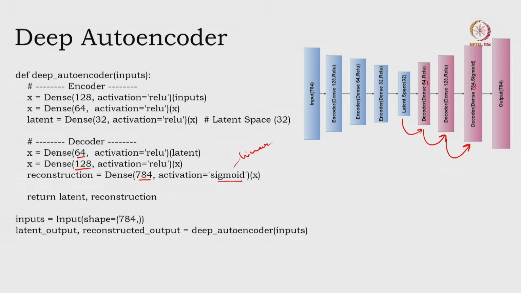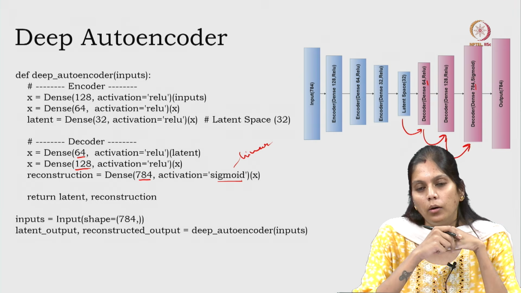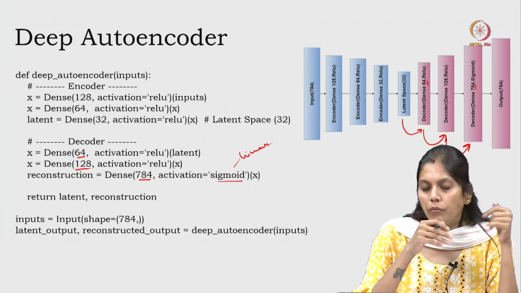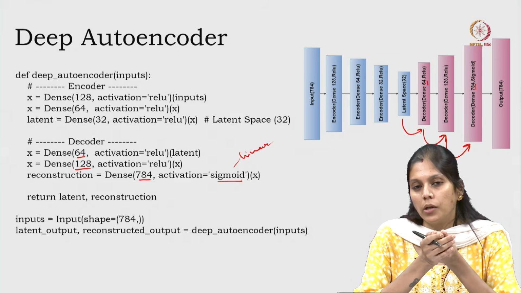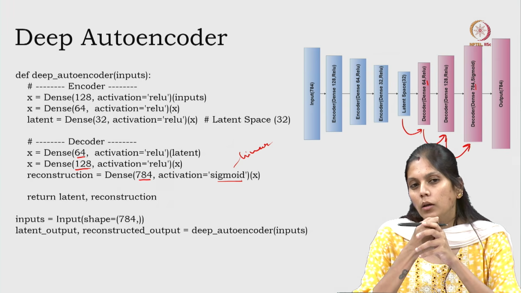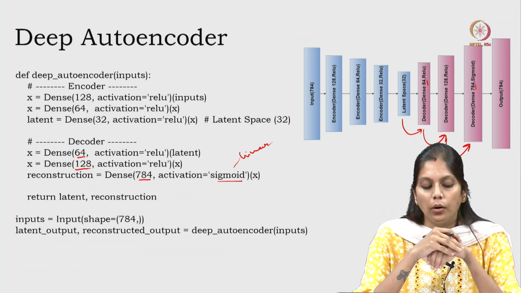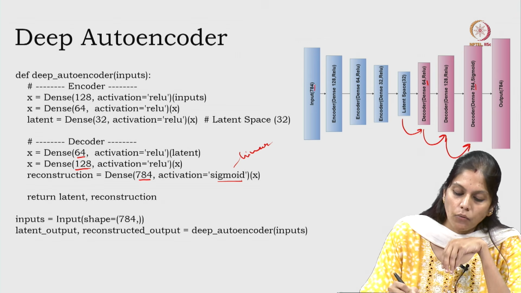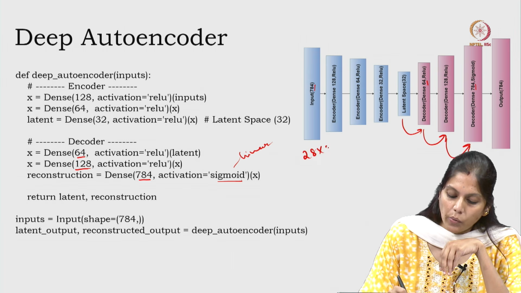Now, can you think of this? Can I use a deep autoencoder architecture for images? We have seen some time back that for an image we have to use a CNN based autoencoder. What will happen if I use a deep autoencoder? If you take this 784, this is 28 cross 28 cross 1, which is the image.